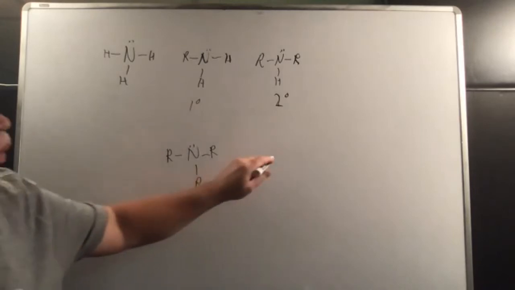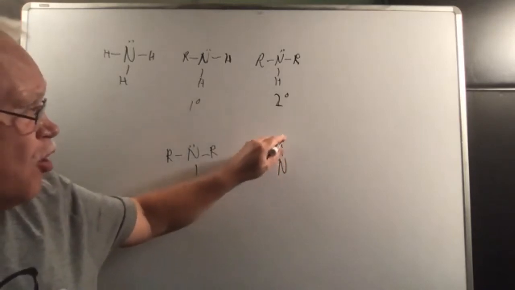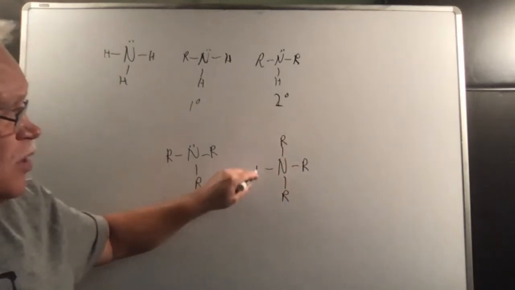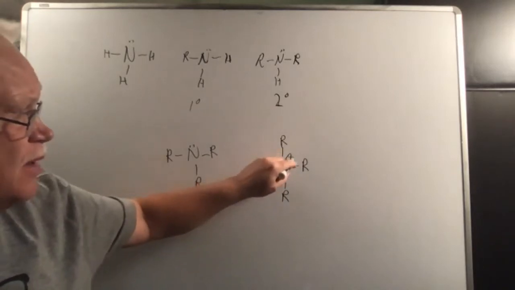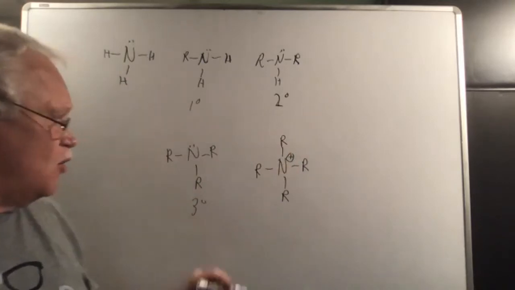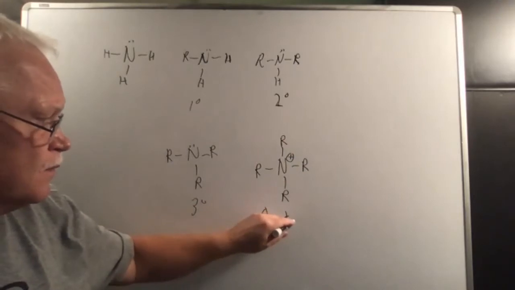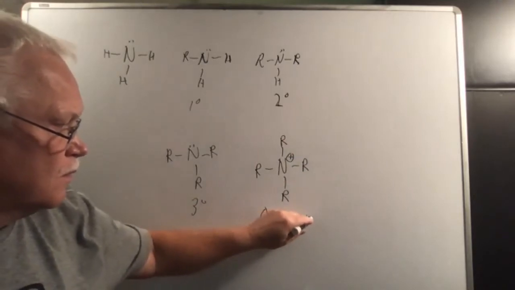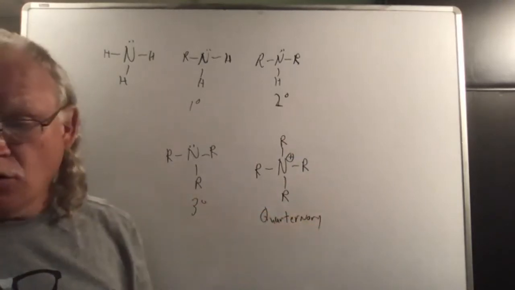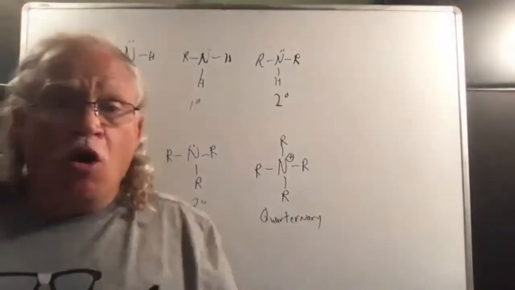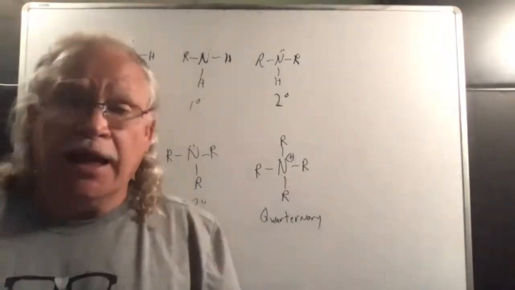And if we actually add 4 R groups, notice whenever we do that, we lose the lone pair and the nitrogen becomes positive. We call these quaternary ammonium salts. And quaternary ammonium salts, by the way, are really important today.